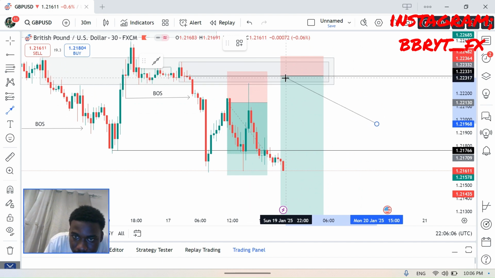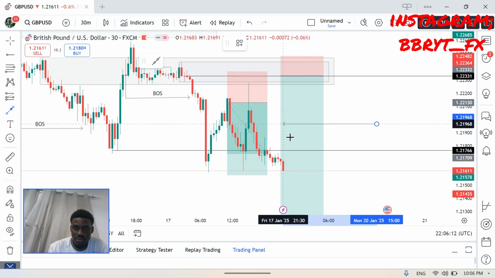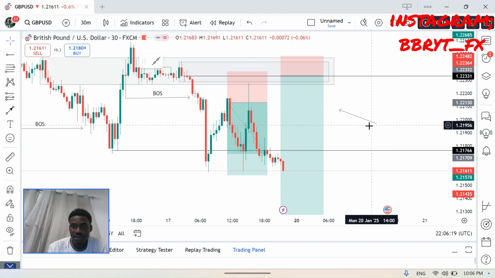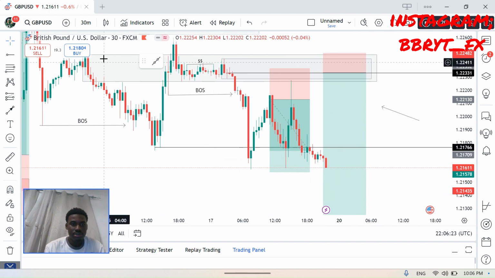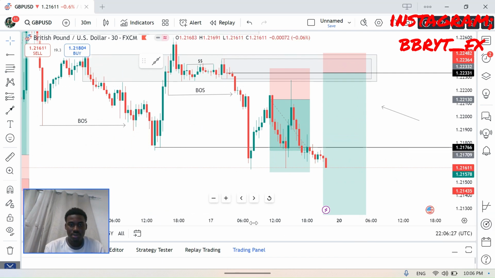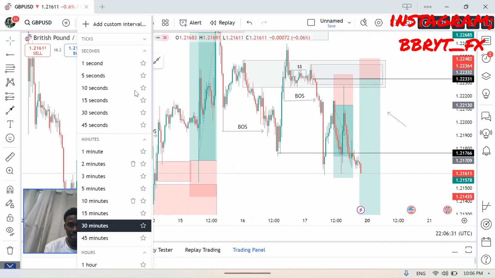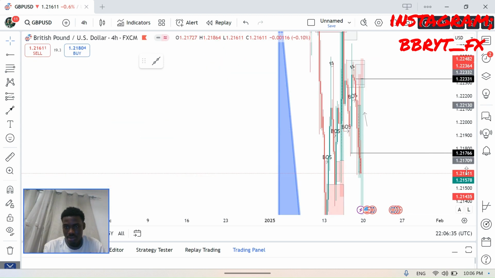This was the line, my entry price, and price missed it by a few pips before trending way downwards. That's crazy, man. I don't have to really explain what happened there. Now the second trade, nothing much went on there.